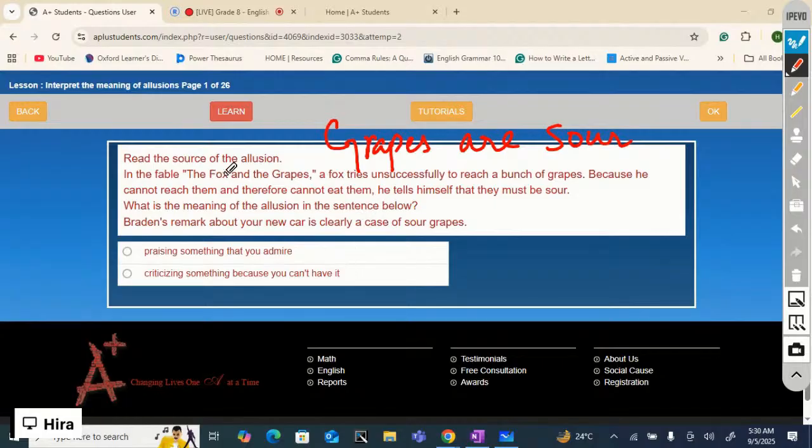So yes, if you remember the fable in which a fox tries to reach a bunch of grapes but cannot eat them, he tells himself that they must be sour. It means when you cannot have something you criticize it. So if Braden's remark about your new car is clearly a case of sour grapes, it means criticizing something because you cannot have it. This is the meaning.